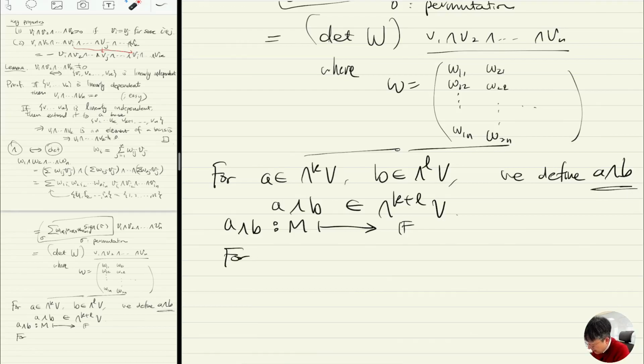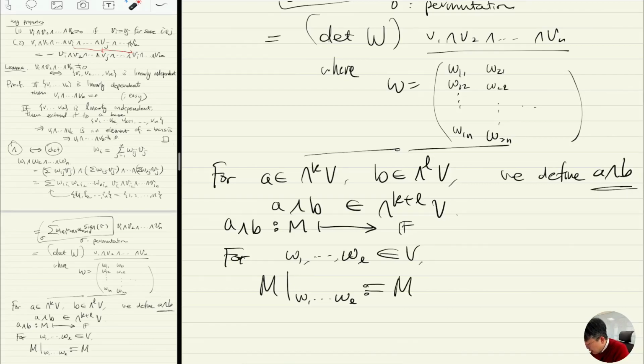So let's consider L vectors w1 up to wL in V. Now I'm going to restrict M to these. What is that? That is M where the first K arguments are still the same, but the last L arguments are fixed at w1 up to wL.